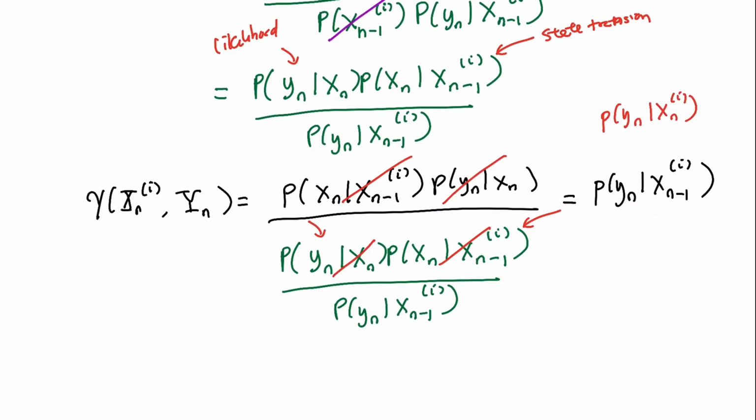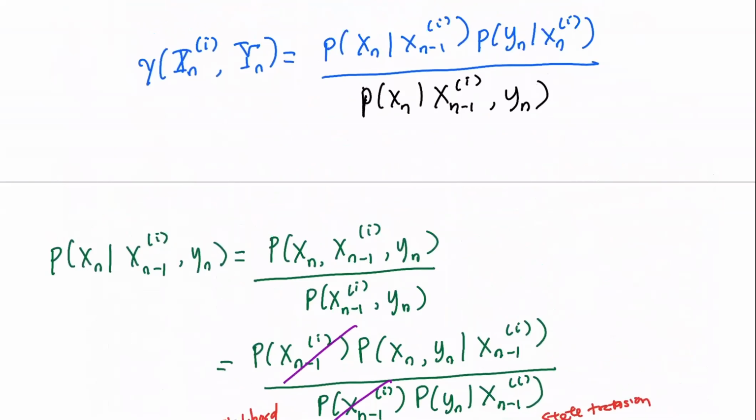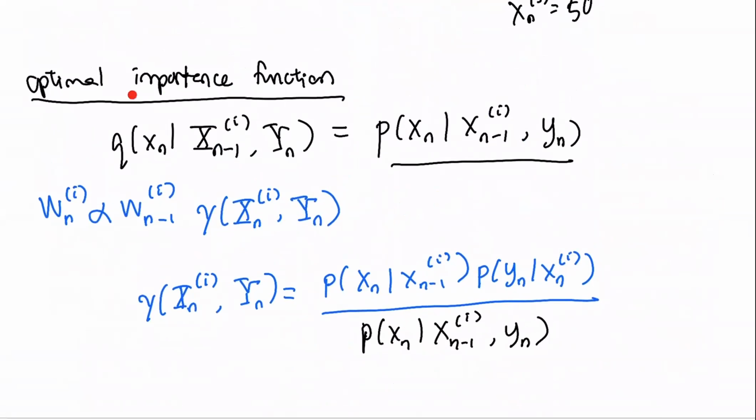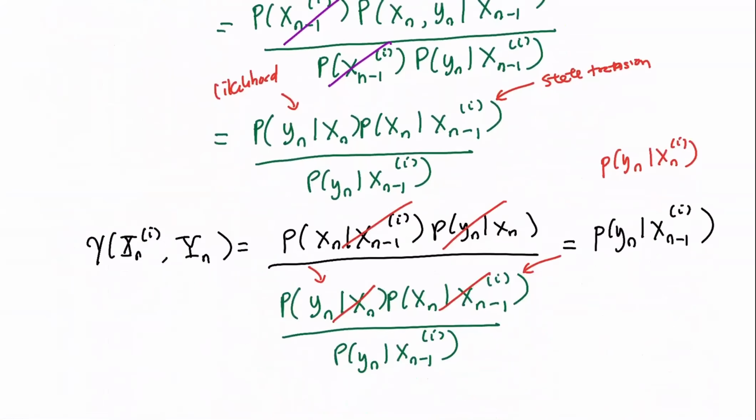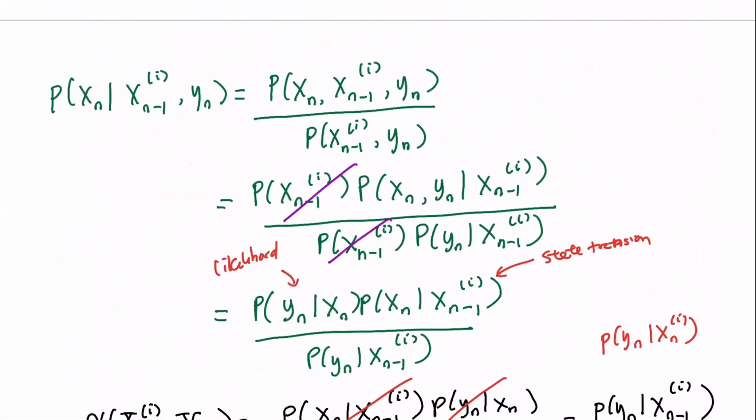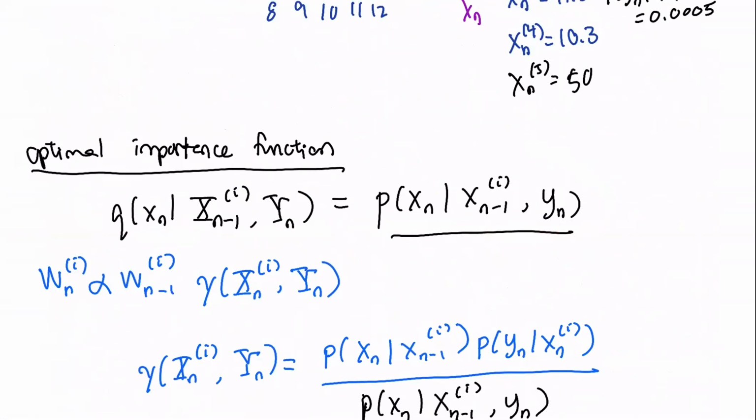So this is what I need to update the weight when I use the optimal importance function. The difficult part is sometimes we may not be able to sample from this. That's the only thing, because this might not be a simple Gaussian. That's the only reason that keeps us from being able to use the optimal importance function.